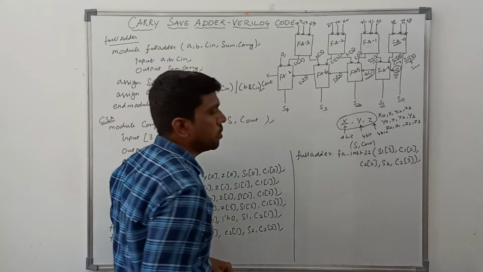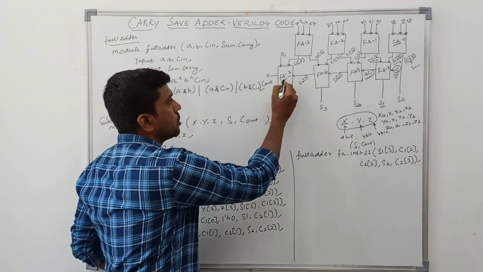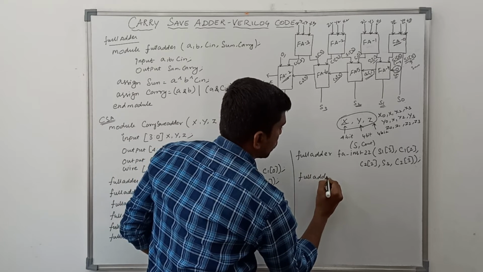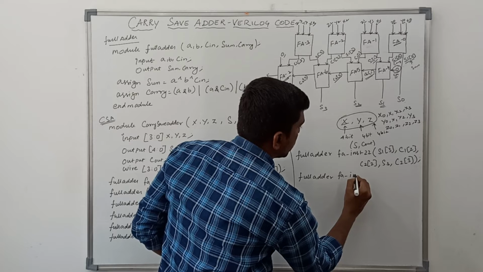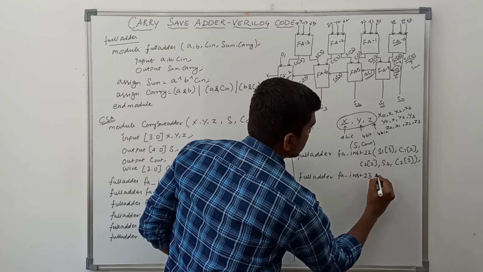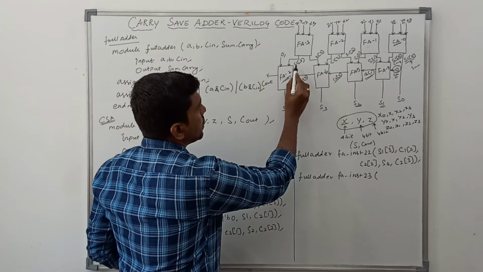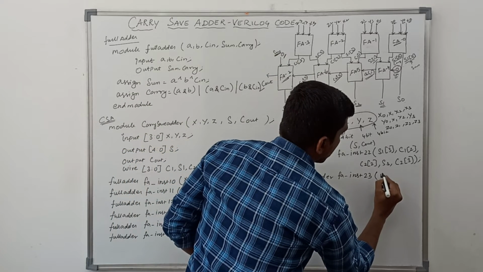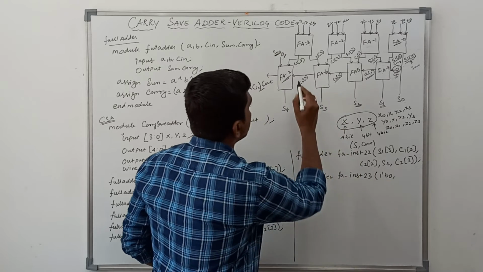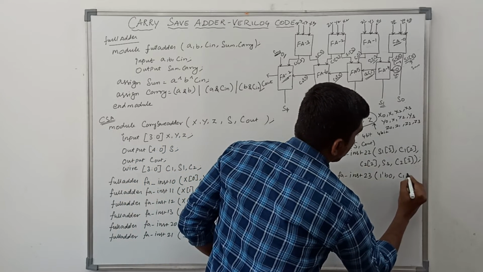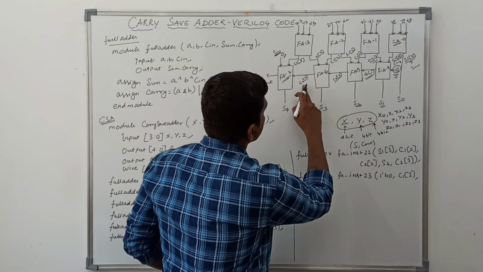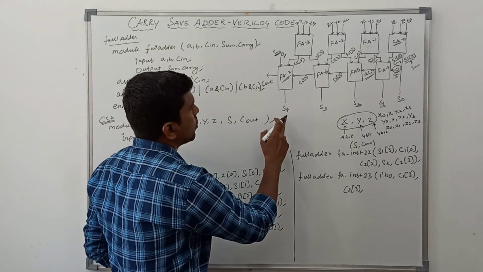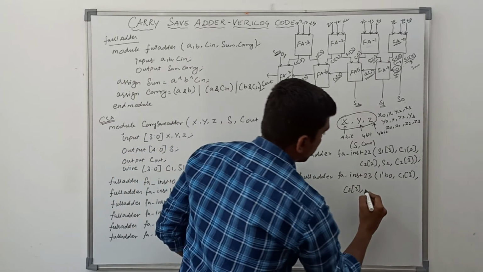Then come to the final full adder, FA7, full adder FA instantiation 2 3. Here the first input signal is 0, this 0 is assigned to sum, so 1 tick B0 comma, then the second input is C1 of 3 comma C2 of 3, comma output is S4 and C out.